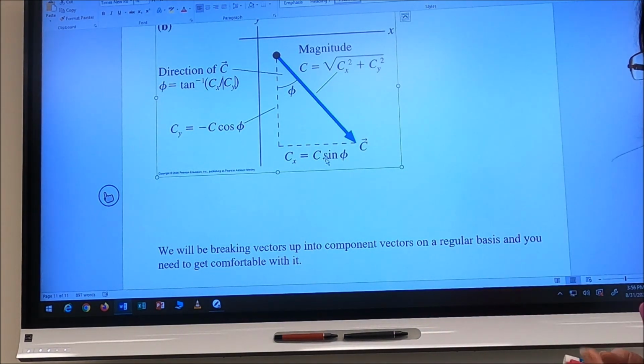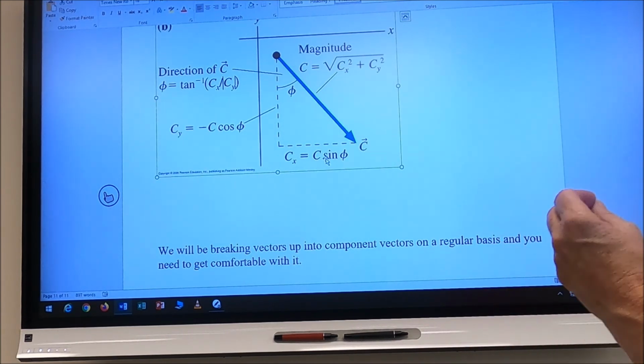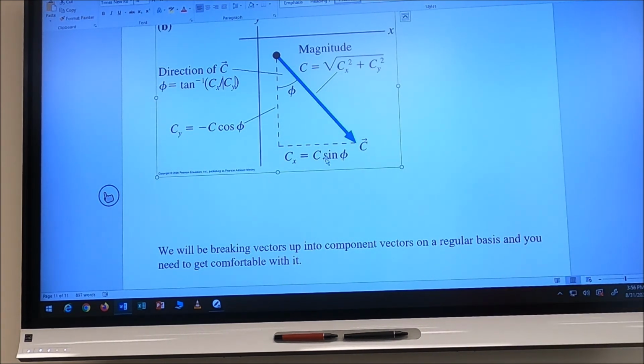So from here on out, we're going to be breaking vectors up into component vectors on a regular basis. And you need to be really comfortable with this, okay? And this is the last thing on test 1. So with the end of this chapter, we are ending the material for test 1.